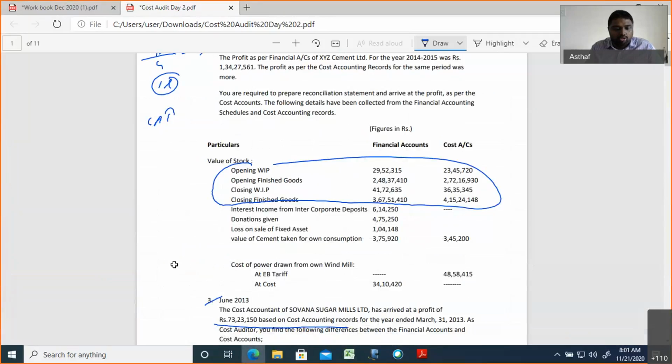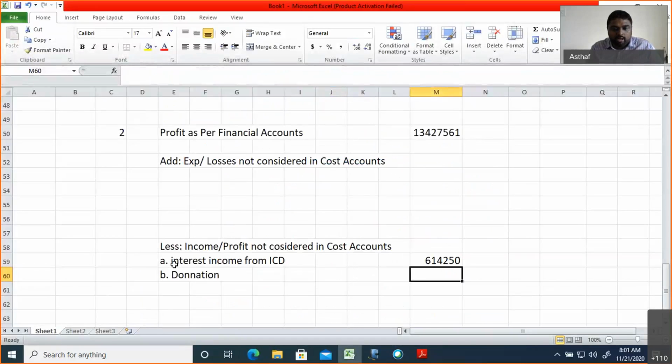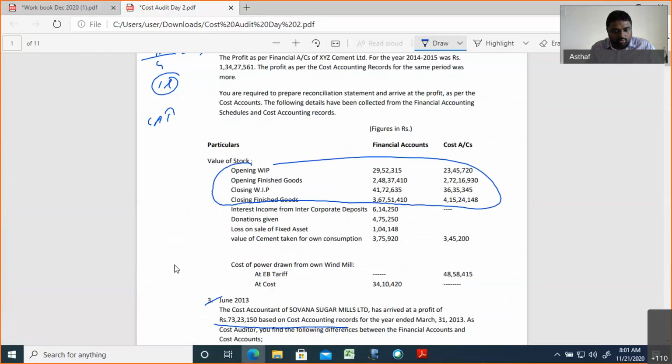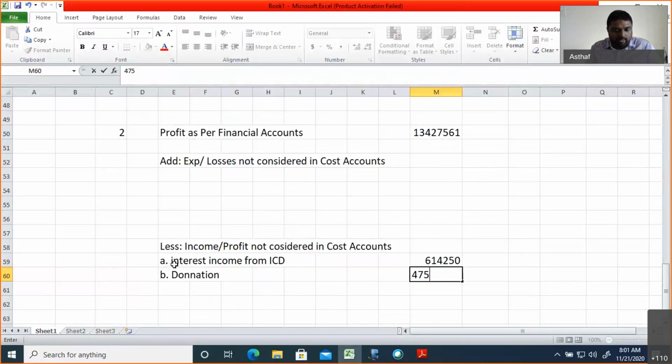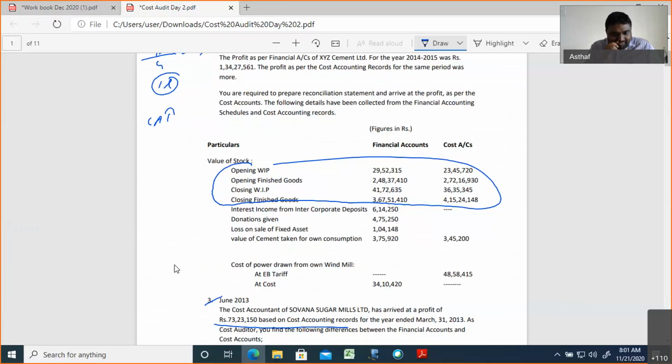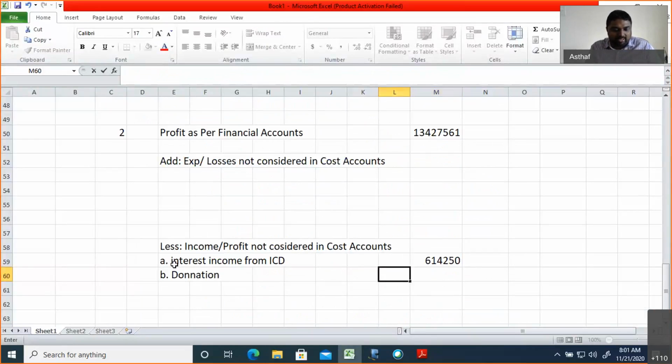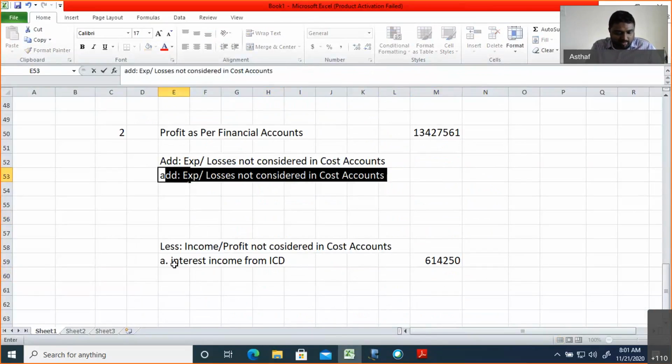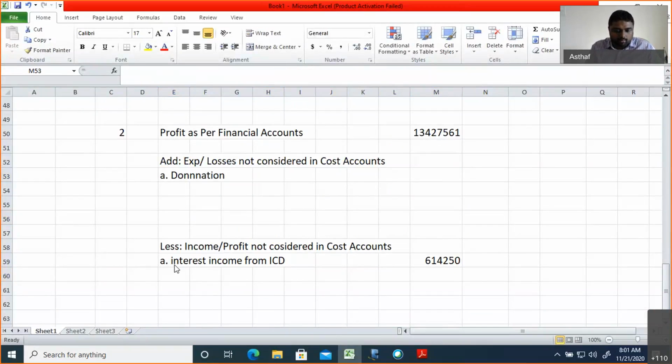Donation. How will the donation come, my dear? Donation is 4,75,250. Donation is an expense, so it will come as a reversal.